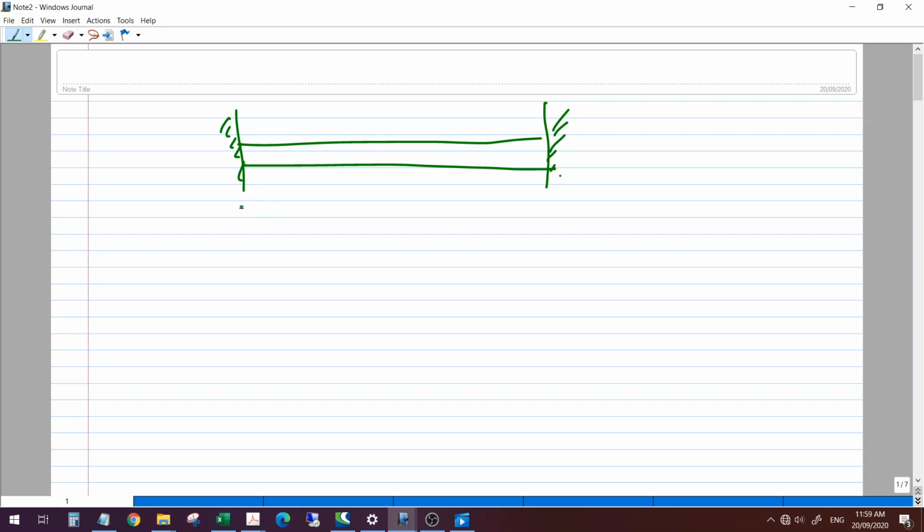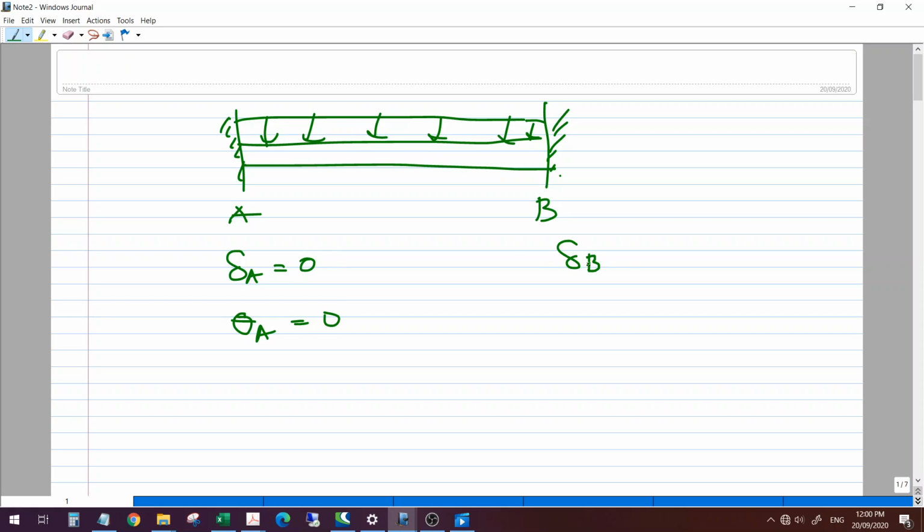So may boundary ka, no? You have the parameters on both ends, say at A and B. So there sa A, the displacement at A is 0. The rotation at A is 0. The displacement at B is 0. The rotation at B is 0.